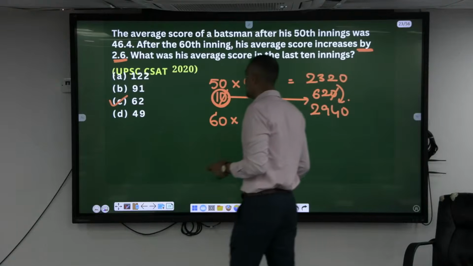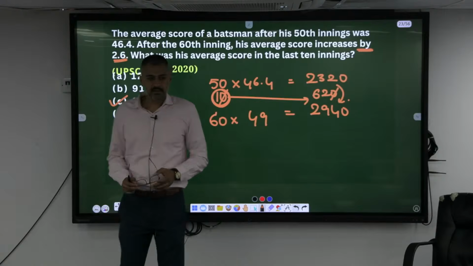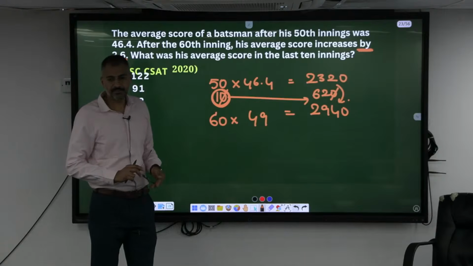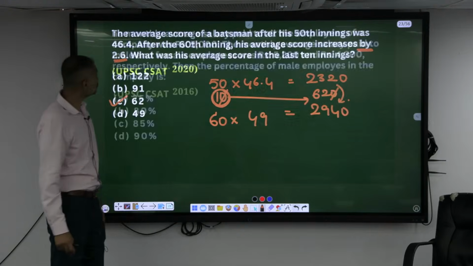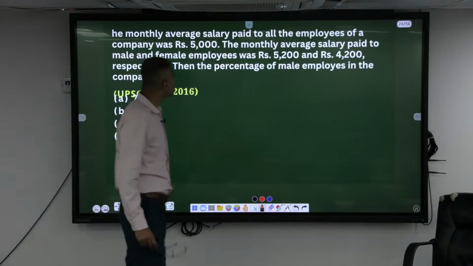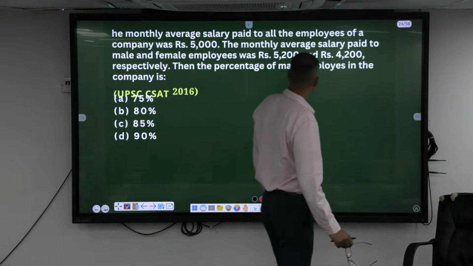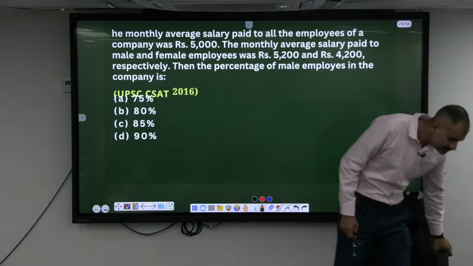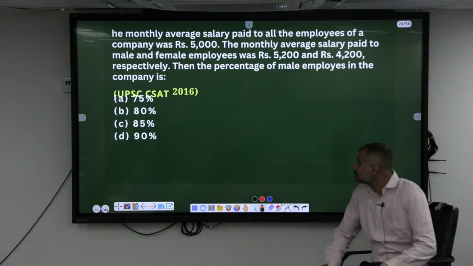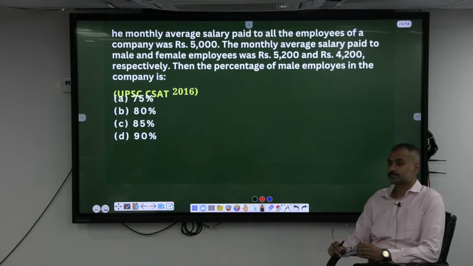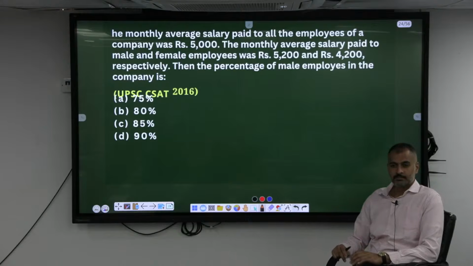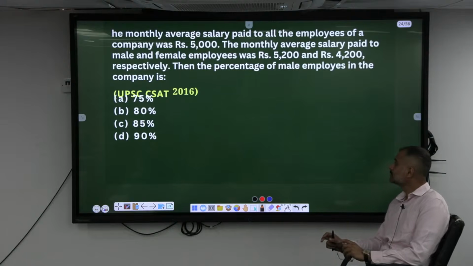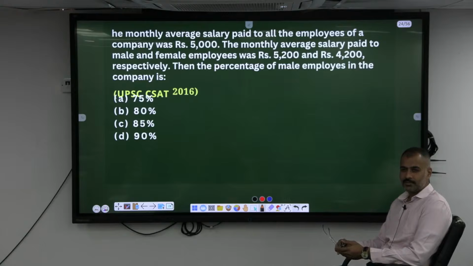Very similarly, okay, added, subtracted, replaced, average. Okay, shall I move this? You can do this one orally if you have an approach.